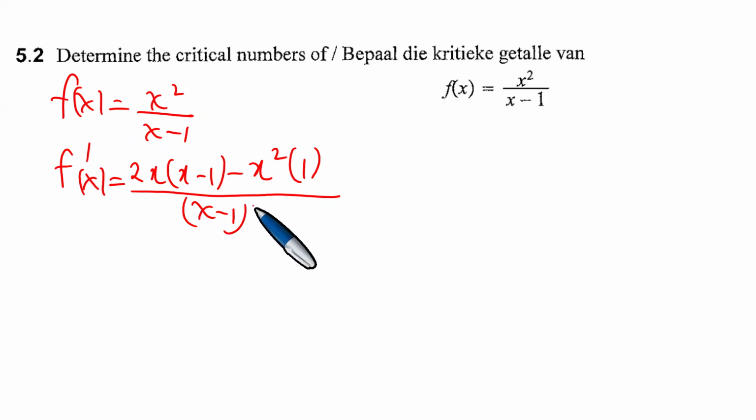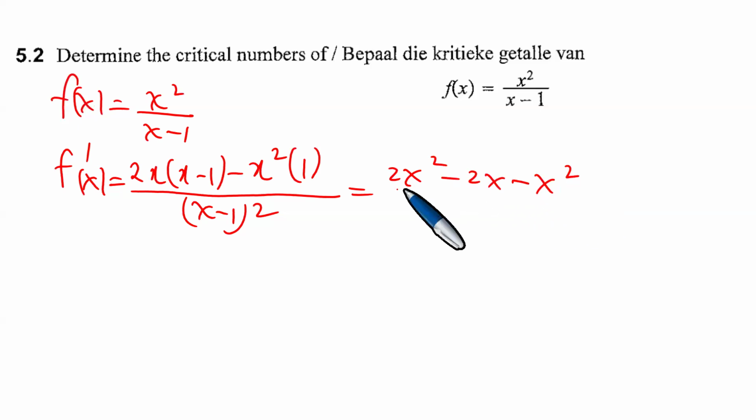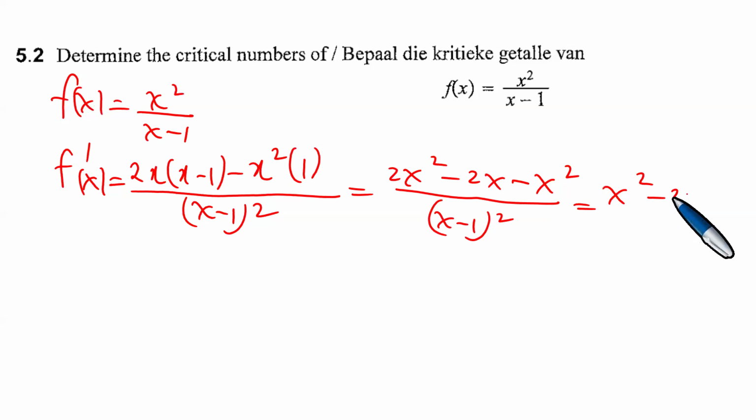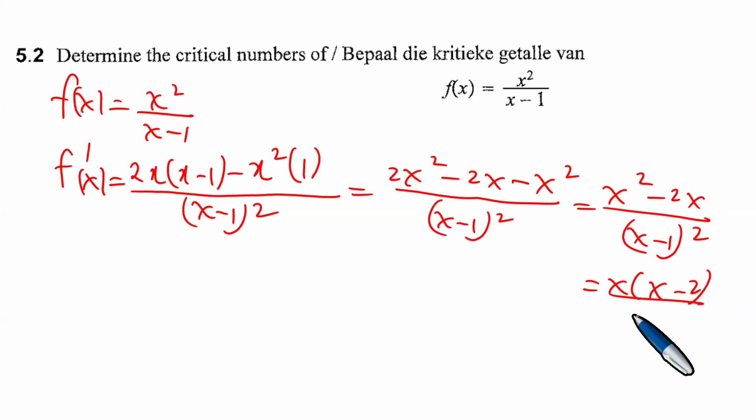Then we have this squared. So we have 2x squared minus 2x minus x squared, which gives x squared minus 2x divided by x minus 1 squared. You pull out x and have x times x minus 2 divided by x minus 1 all squared.